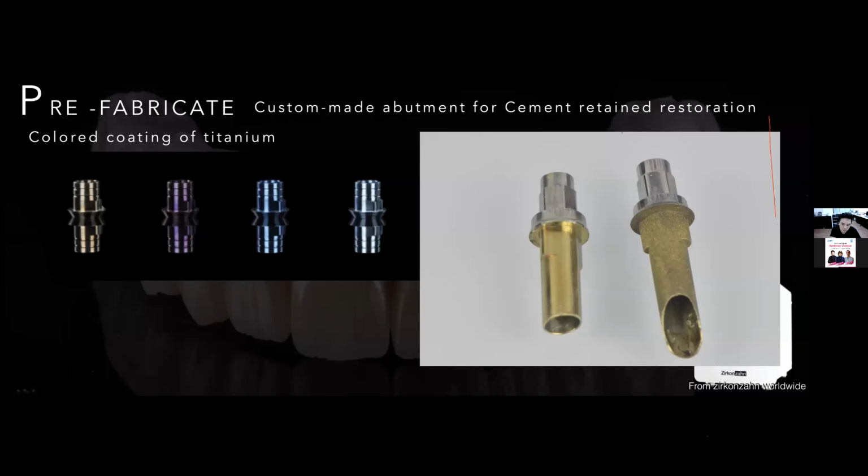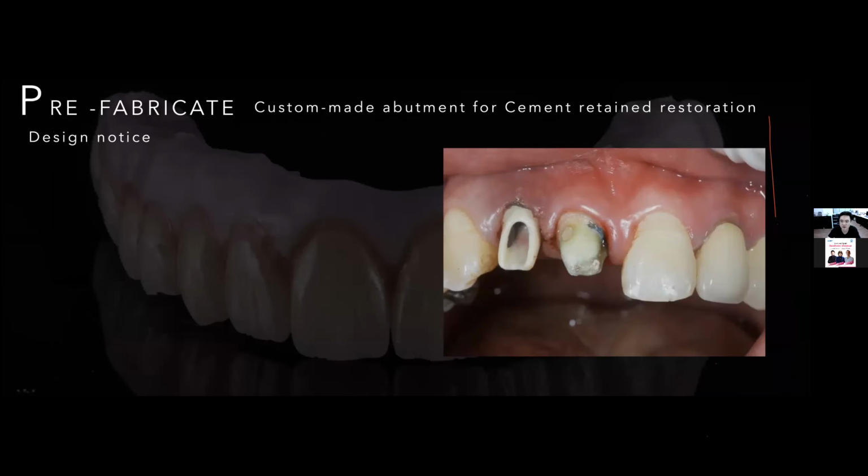If it is not precise, or not very flat or fitting, maybe your restoration or your screw will have some problem in the patient's mouth. So it's very dangerous. So don't coat the color or the titanium on the contact surface. This is very important.